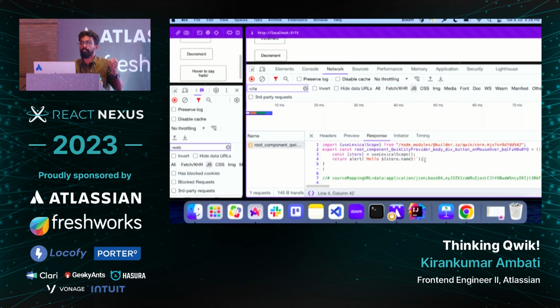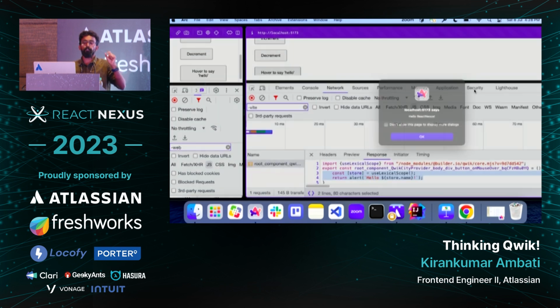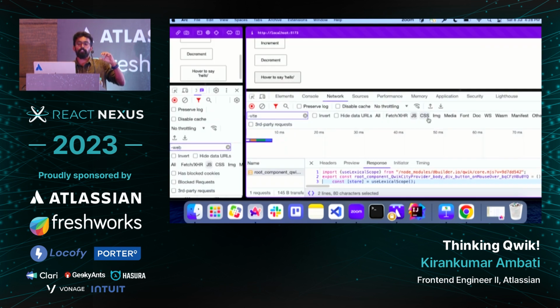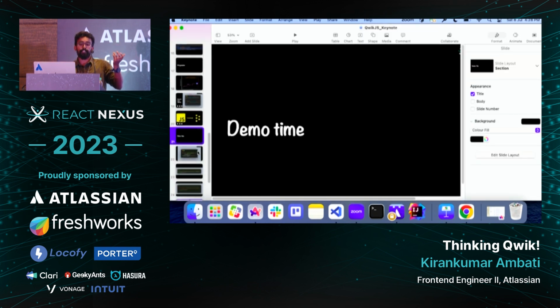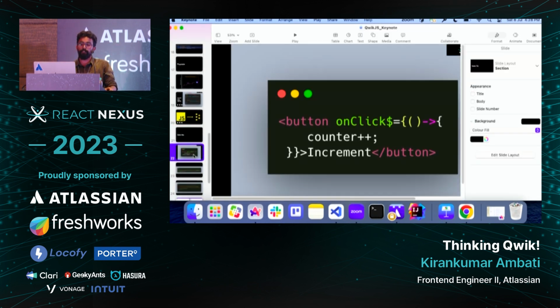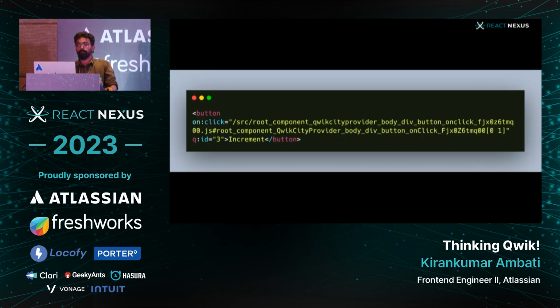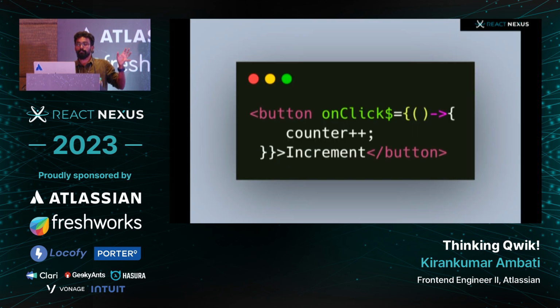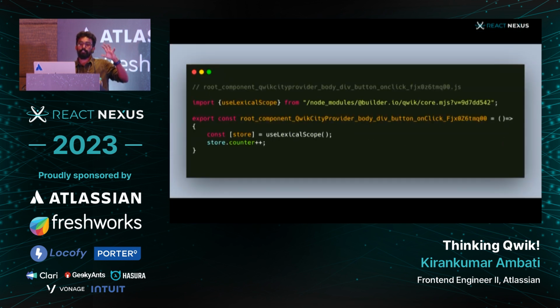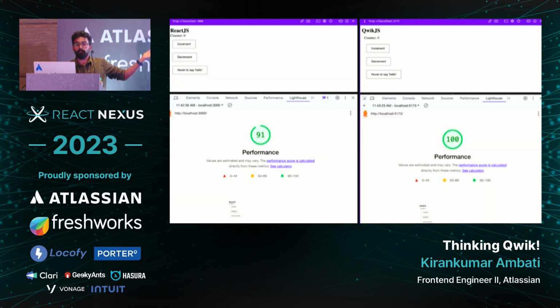Every chunk got separated into its own JS file, and that gets sent to the UI whenever it's requested. So we have seen this, and this is how the file looks. It just has the lexical scope, takes the state whatever you want, and does the functionality.